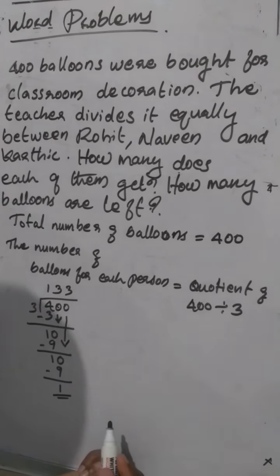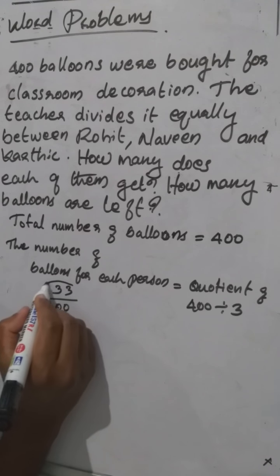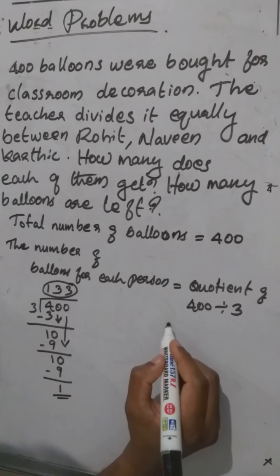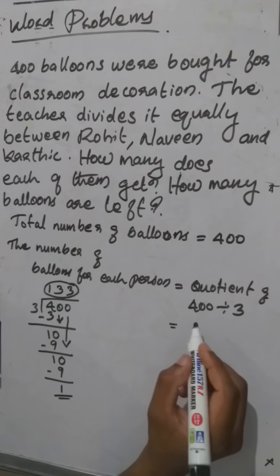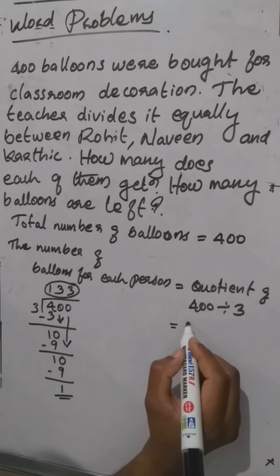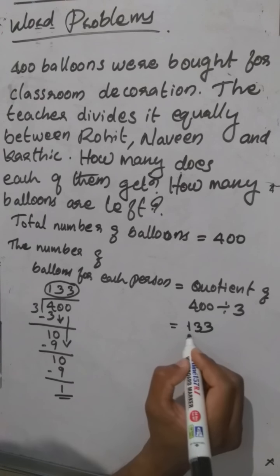Here the quotient we got is 133. That is the number of balloons got by each person. So here it will be 133.